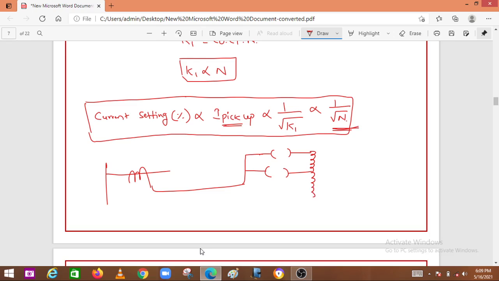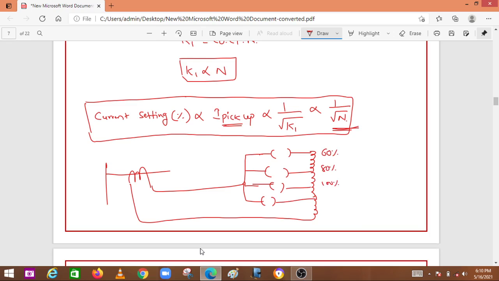So this is 60% setting, 80%, 100%, 140%, 160% current setting in terms of percentage. So by selecting the number of turns, the current setting will be changed as well as the pickup current. This is related to the current setting of the relay.